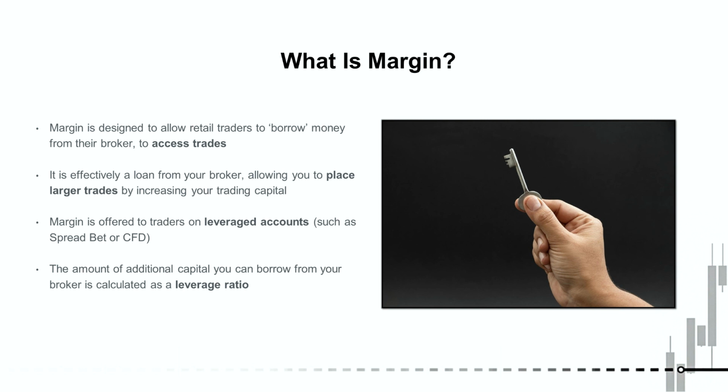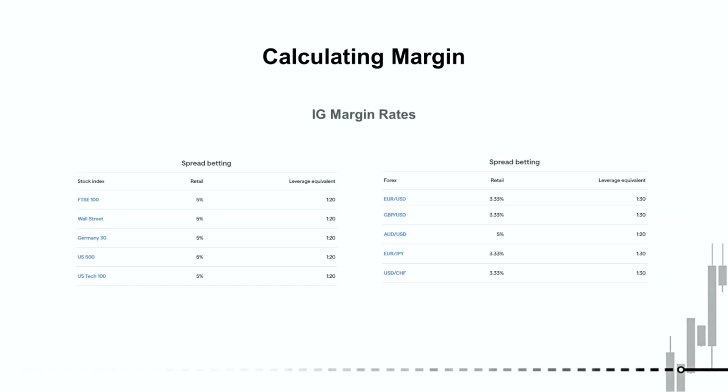That would just require you to put up your own capital and you could only invest that much. So what you're looking for here is a leveraged account. We'll come on to this in a little bit more detail, but basically the leverage works as a ratio. The amount you can borrow off the broker will increase as your own account size increases as well. Let's have a look now at some examples of margin rates.